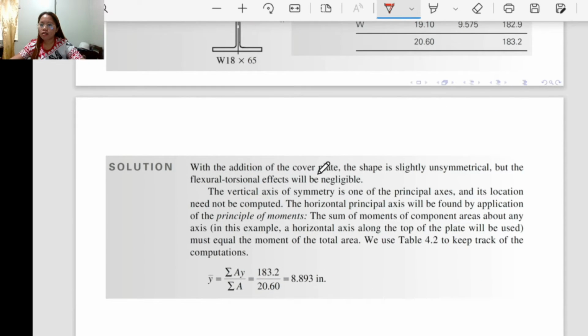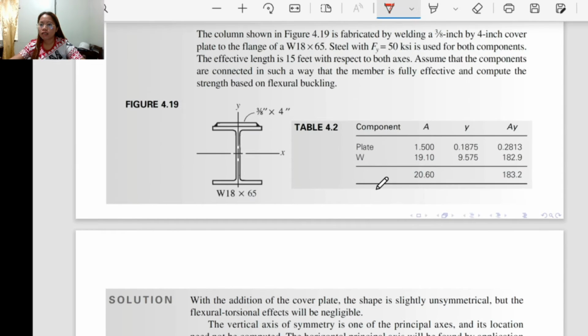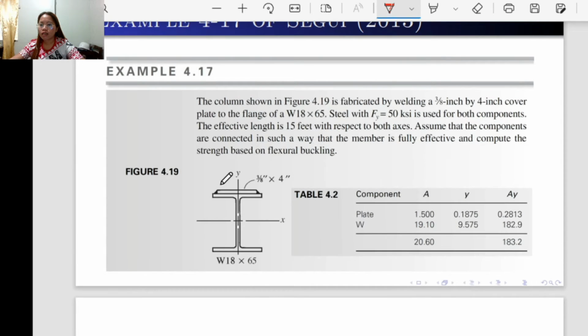Then you add the areas as well as the A times Y. With the addition of the cover plate, the shape is slightly unsymmetrical, but the flexural torsional effect will be negligible because of this plate.